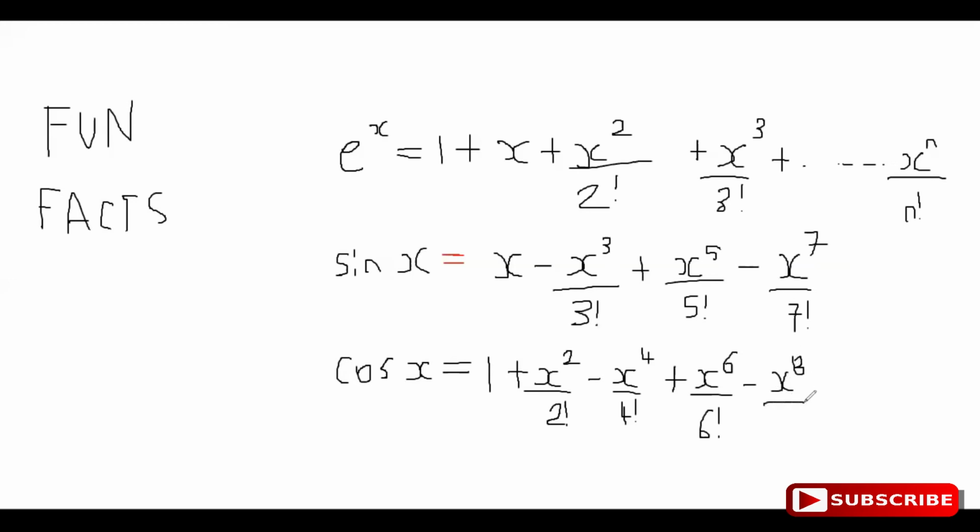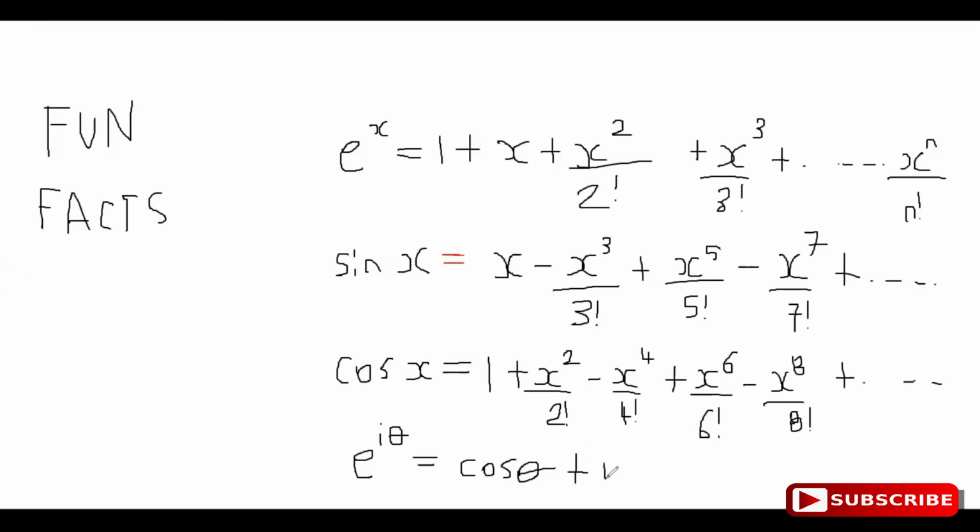Now here's the homework that I'd love you to try. What I want you to try, from these facts, which would continue of course, is to prove that e to the i theta, from complex numbers we learned that e to the i theta is equal to cosine theta plus i sine theta.